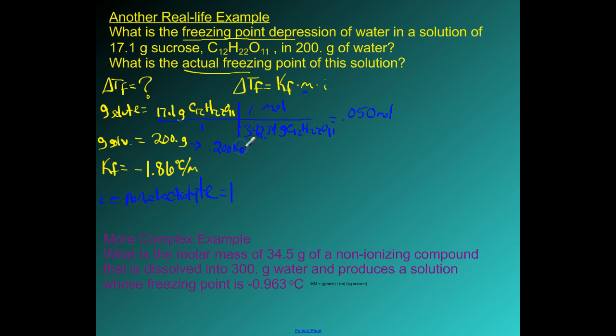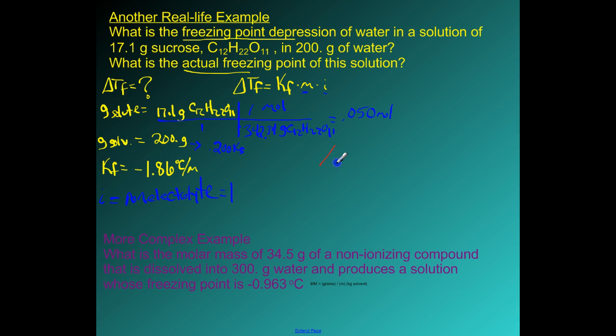And I know we have our kilograms of solvent. I need to find my i value. And since sucrose is a non-electrolyte, the i value of all non-electrolytes is 1, since they do not dissociate or ionize in solution. Now that I have all of my variables, I can go ahead and substitute in to solve.